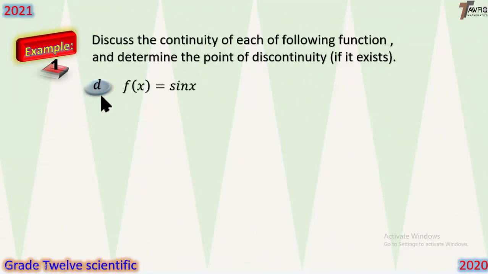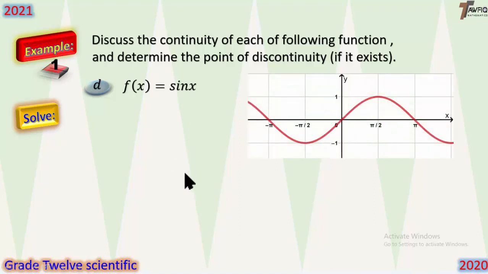Part D. f(x) equals sine x. As we know, the domain of the sine is all real numbers, therefore this function is continuous at all real numbers. But if we want to prove that, take any number.